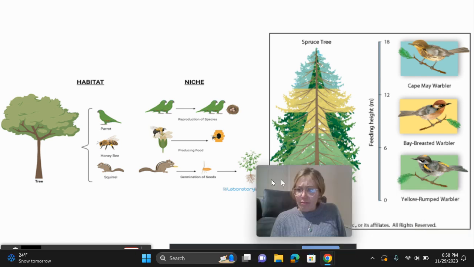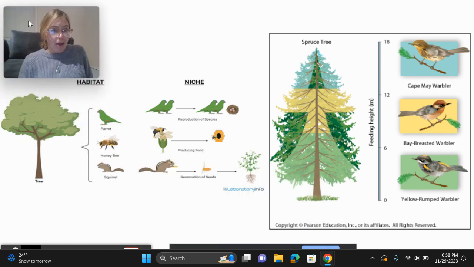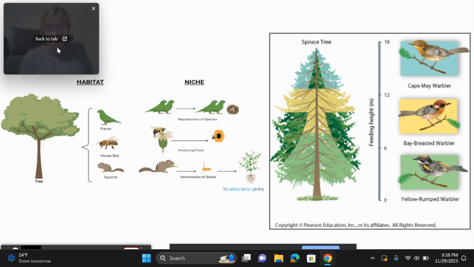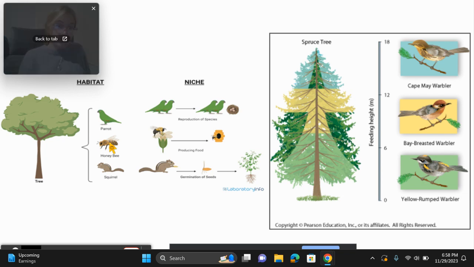On the right here, we have the Cape May warbler, bay-breasted warbler, and yellow-rumped warbler. If you were in my bio class freshman year, I used very similar diagrams, but you can see that this is actual data. These are typically where these species will live. And then again, some students get habitat and niche confused, so I just want to put this in here. They are two different things. They're very different, so make sure you don't intermix those two definitions. Okay.